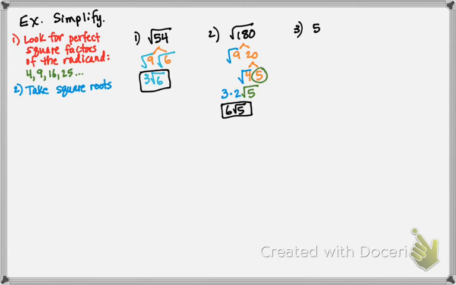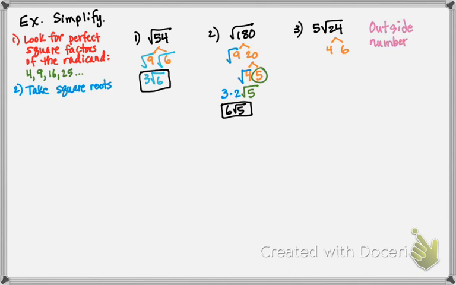And we get 5. Oh, so we have a coefficient out in front, times the square root of 24. So what are the perfect square factors of 24? Well, 4 goes in 6 times, okay? So what's going to happen in this particular case is the outside numbers multiply, just like you saw when I took the square root of 9 and the square root of 4, I multiplied them.